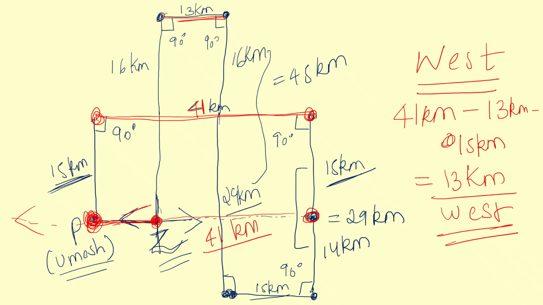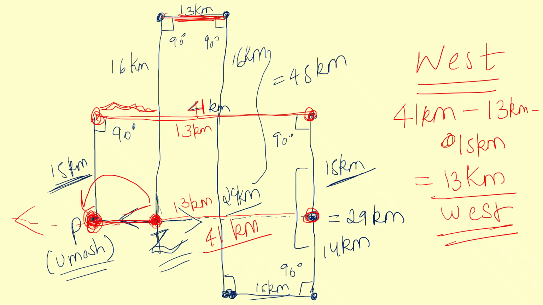Now, but we want only from Z to P direction, correct? We don't want the whole distance. So this is 13 kilometer, and this will be also 13 kilometer, correct? But we want from Z to P. So how to find out this distance?